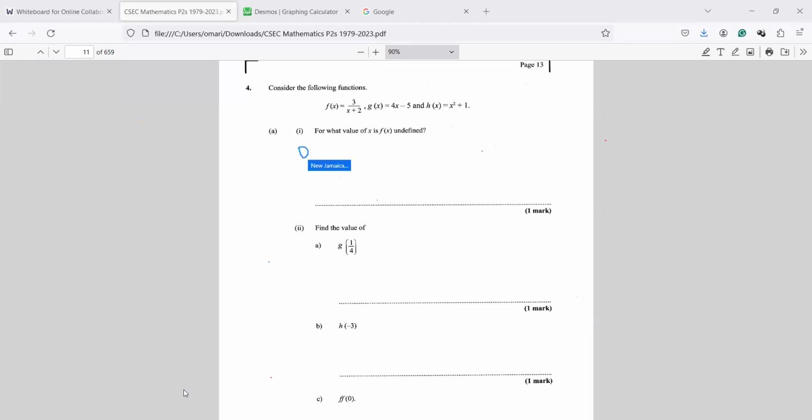So 0 equal, then x plus 2. So it's a function.